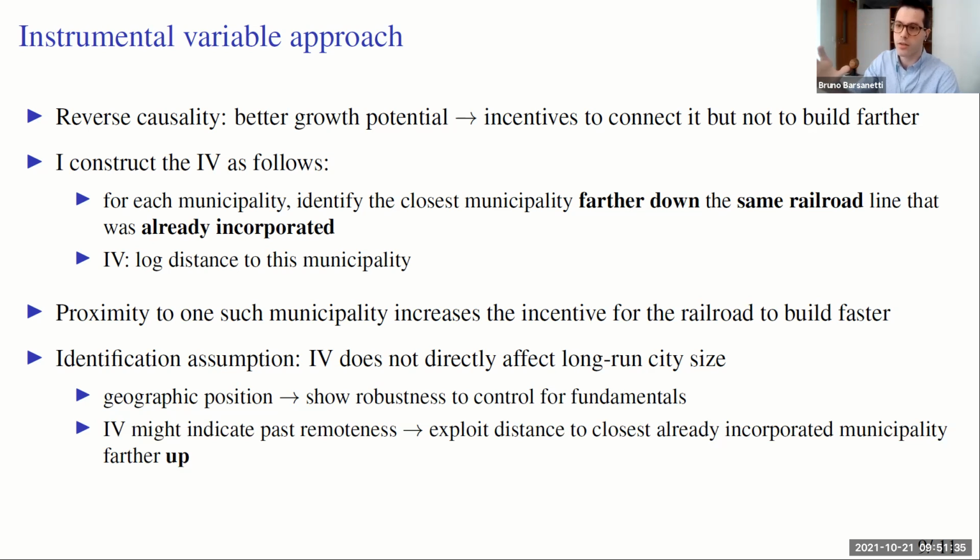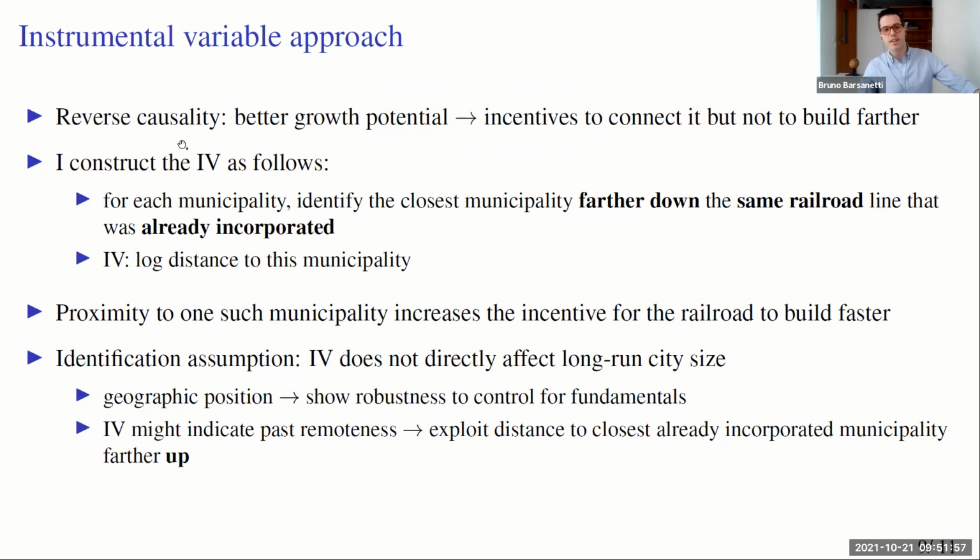And the people at the railroad company knew about that. So they have a lot of incentives to connect that town, but they might not have incentives to go farther from it. And so this might generate the type of reverse causality where the towns that are larger, or that will eventually grow more, are also the ones with longer times as endpoints.